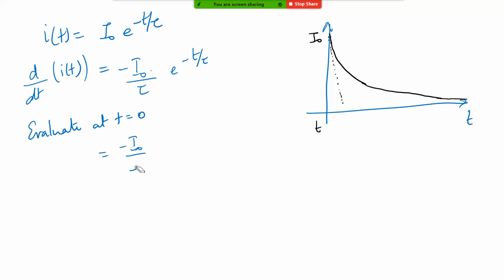If you take the ratio I by I naught, it becomes 1 by tau, and basically if the slope is like this, it will cut the x-axis at tau. So this is the way in which your slope will behave.